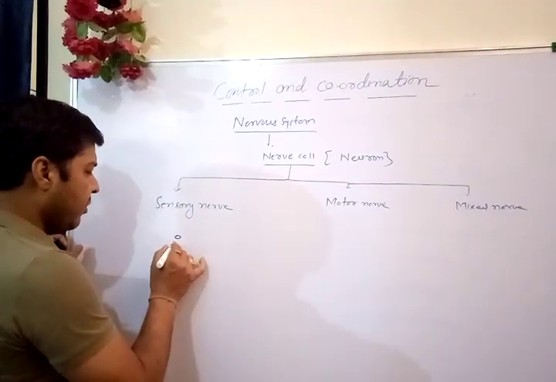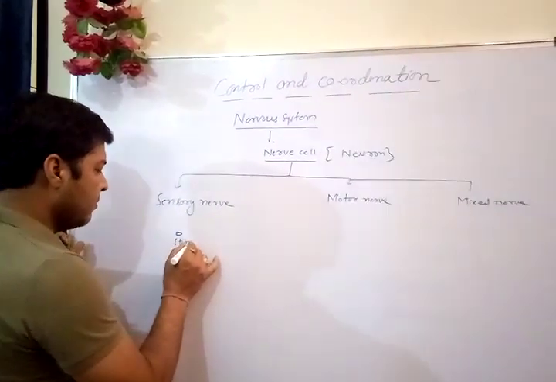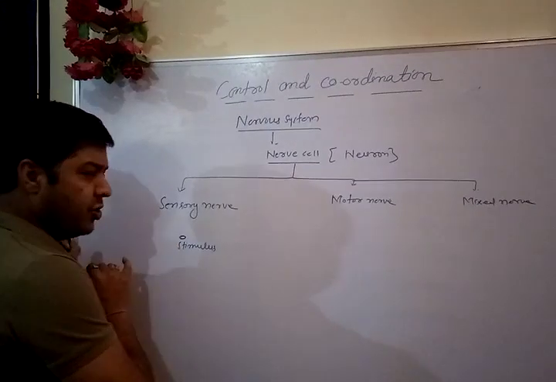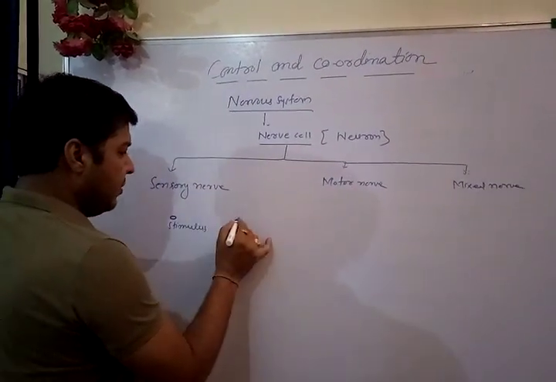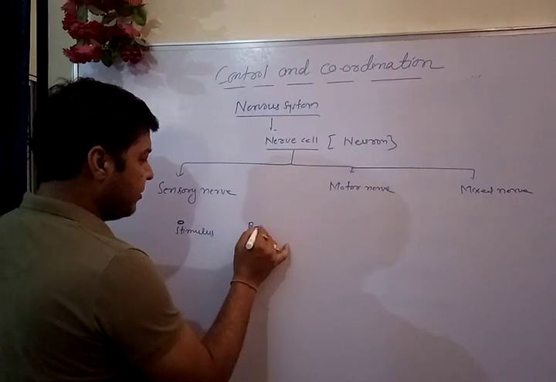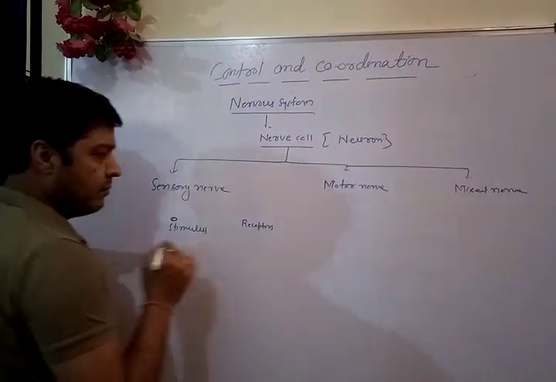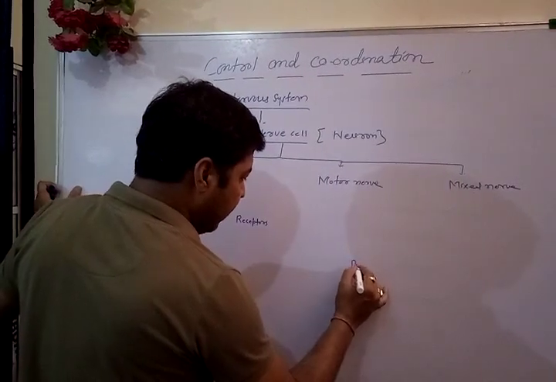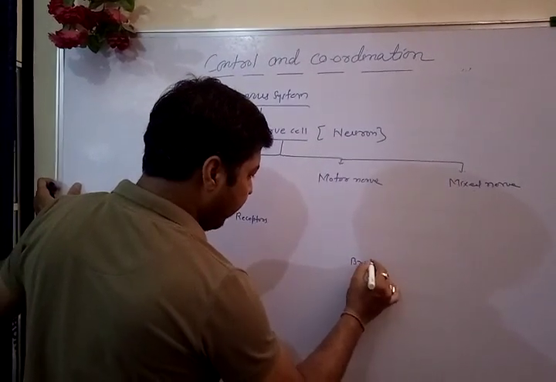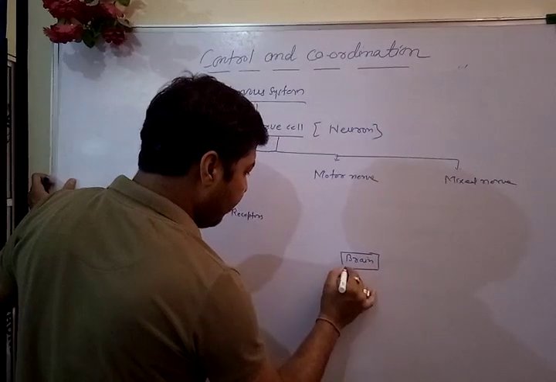Suppose this is the stimulus. And this is the receptors. And if I write here the brain, this is what? The brain.